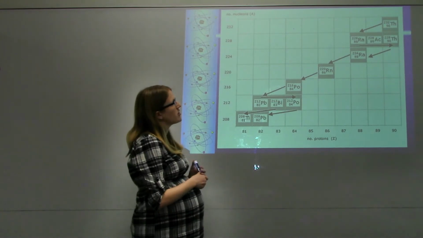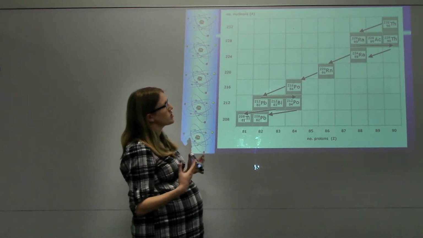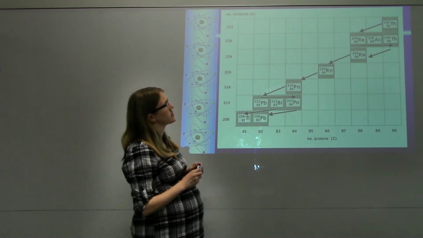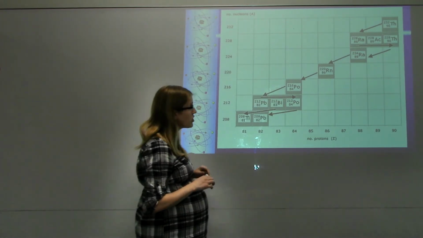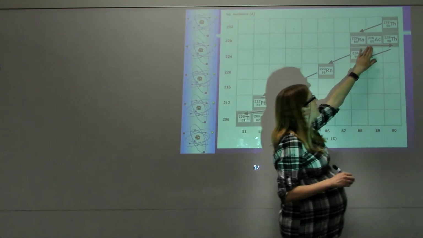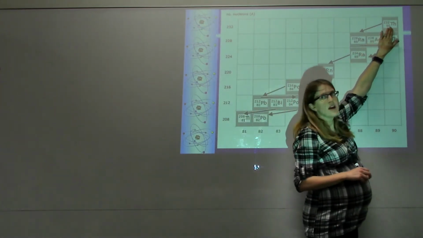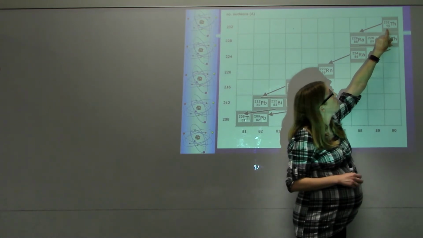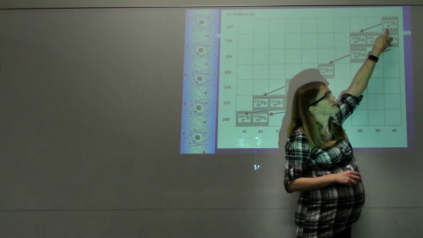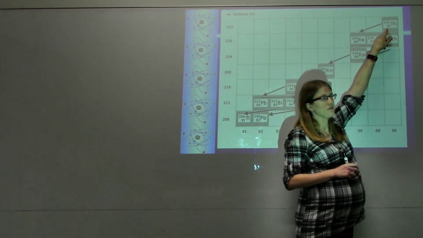So before we dive into what you're actually going to have to do on this graph, let's start looking through some things and seeing what's going on. First of all, every isotope that starts a reaction, so this is actually our ultimate one that's starting, is called the parent isotope. Thorium-232 is our parent isotope.